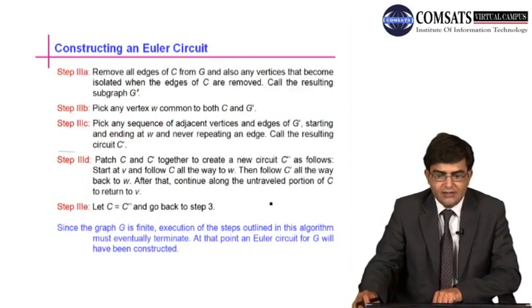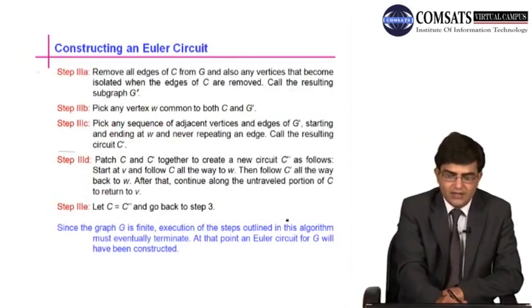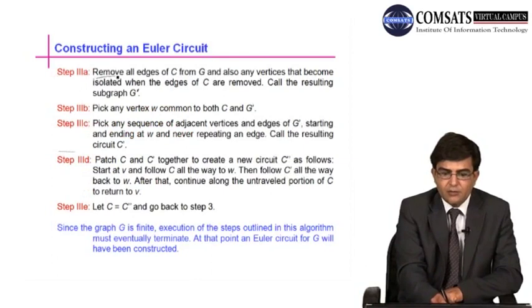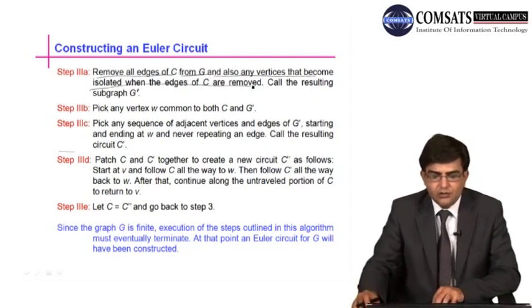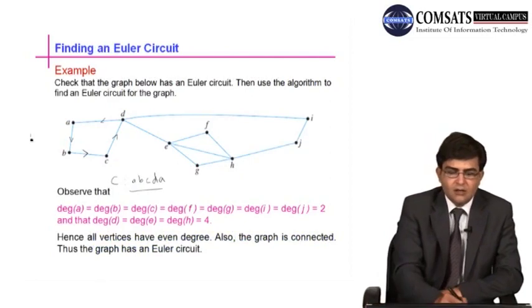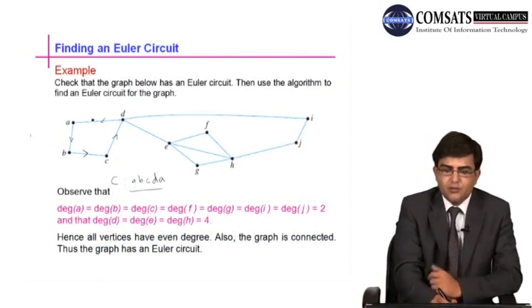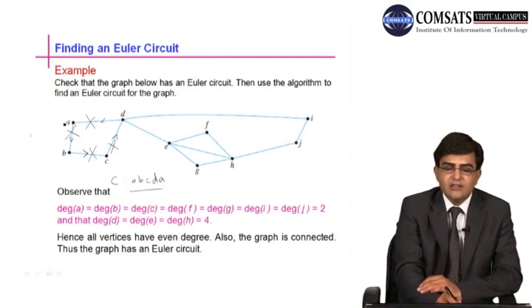Now we perform the step 3a. Remove all edges of C from G, and also any vertex that becomes isolated when the edges of C are removed. Now what we do here, we remove all these edges. Suppose that this edge is not here, this edge is not here, this edge is not here, this edge is not here, and all the vertices which become isolated when we remove these edges.